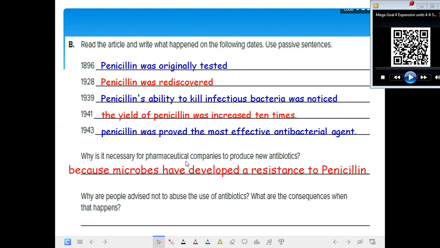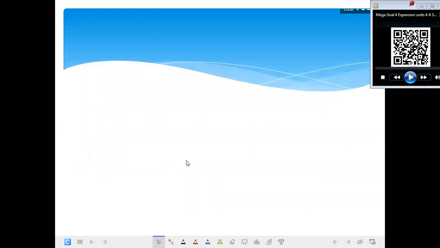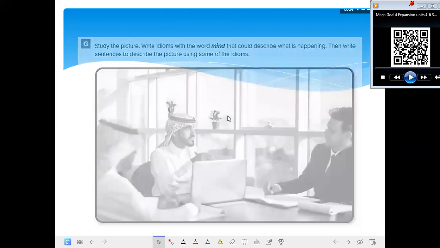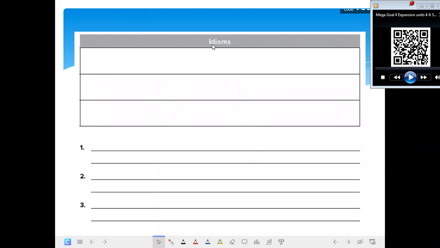Now, my dear students, let's go to page 71. On this page, exercise G, he wants you to study the picture and write idioms with the word mind that could describe what is happening. Then write sentences to describe the picture using some of the idioms. Okay, now I will show you the chart.